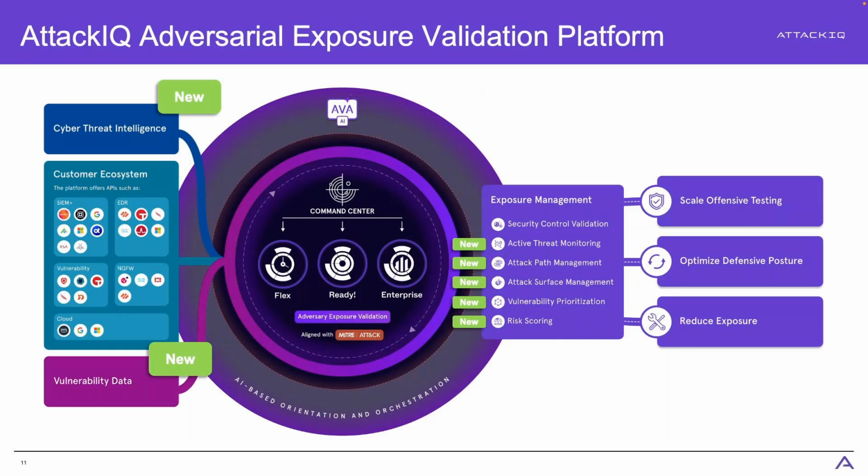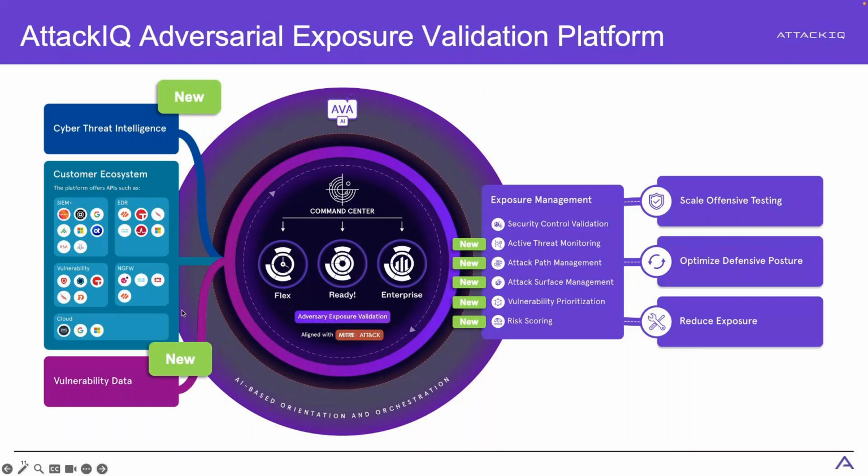Now, if you've looked at Ready before, yes, like I said, the breach and attack simulation testing is an absolutely vital part of that. It is not going anywhere. It is absolutely still a part of this platform. What we've really added in here is part of an acquisition that we did earlier this year with a company called Deep Surface that does a lot with bringing in all of this information. So doing a lot of that discovery, doing that prioritization of the vulnerabilities, doing that attack path mapping, and showing us how we can point out where all of those issues are.